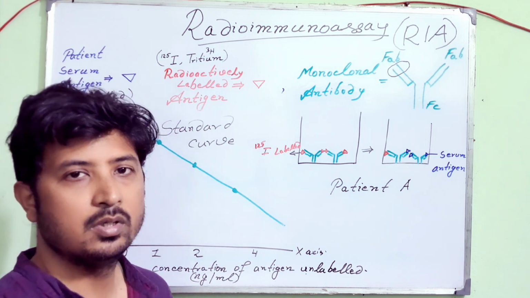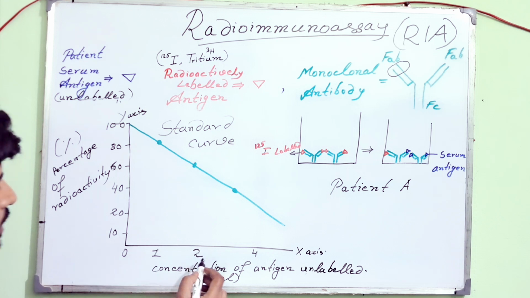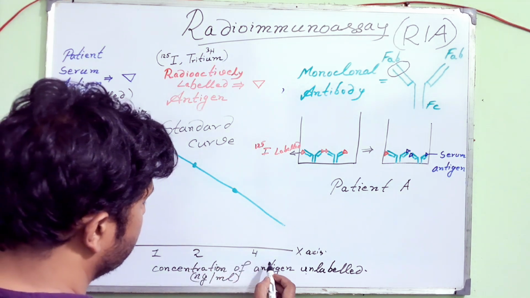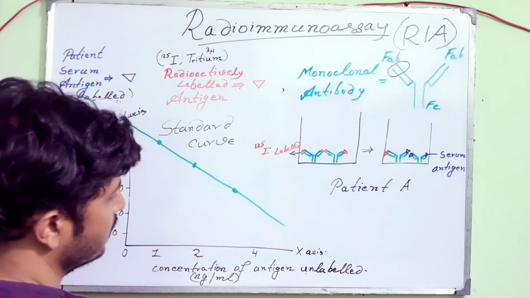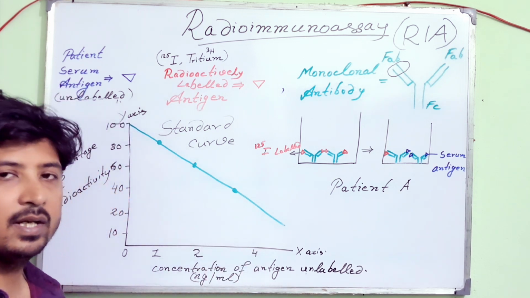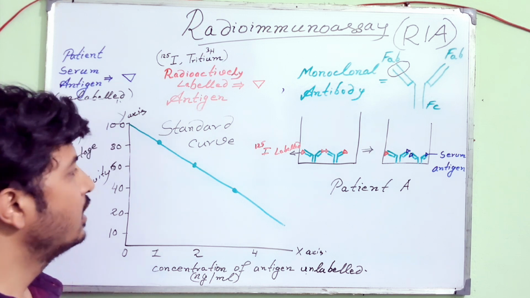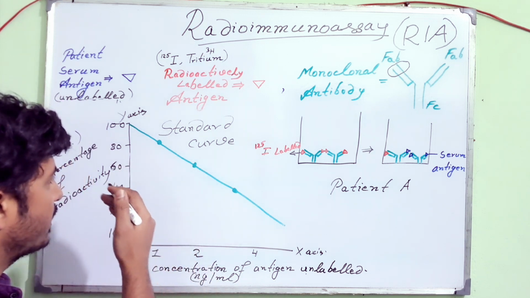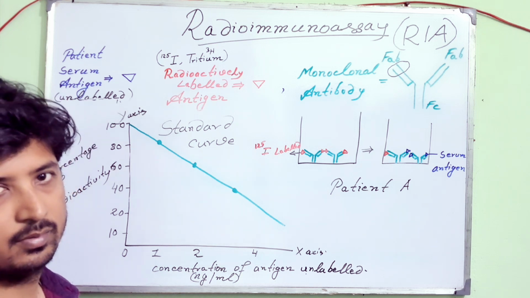This is the most common process in all the ELISAs. So likewise, the 4 nanogram concentration gives you 40% of radioactivity. As you have increased the concentration of the unlabeled antigen, the percentage of radioactivity proportionately reduced.